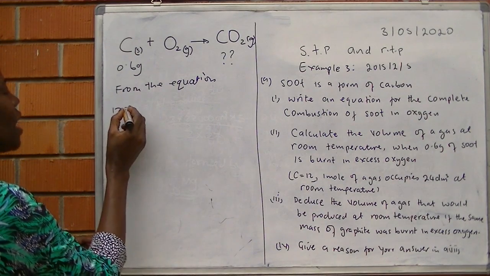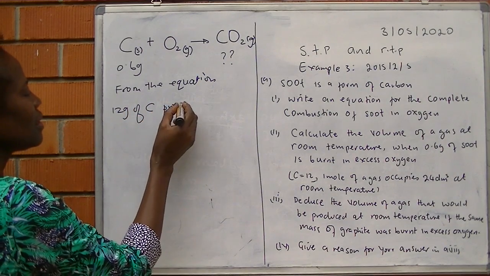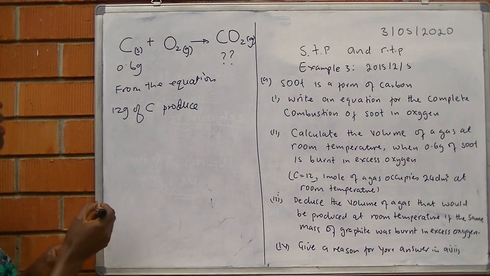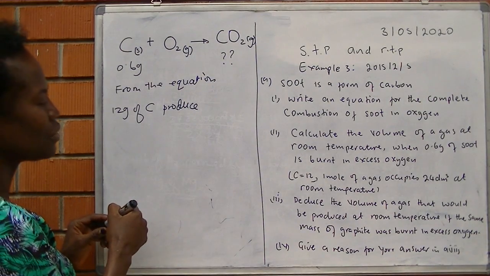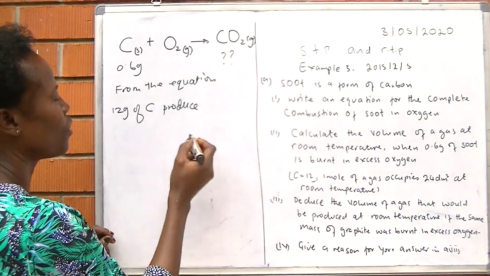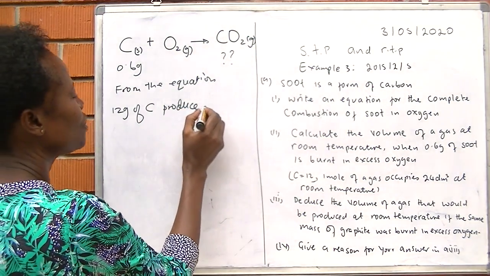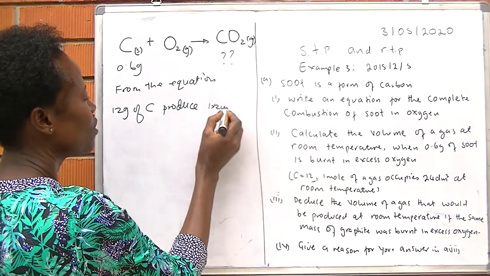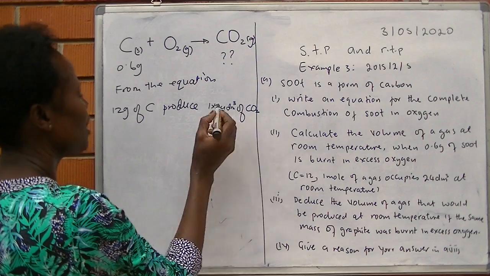So 12 grams of carbon produces, they want the volume. We look at the moles in the equation. There is only 1 mole, and we said a mole of any gas at room temperature occupies 24 cubic decimeters. So 12 grams of carbon produces 1 times 24 cubic decimeters of carbon dioxide.